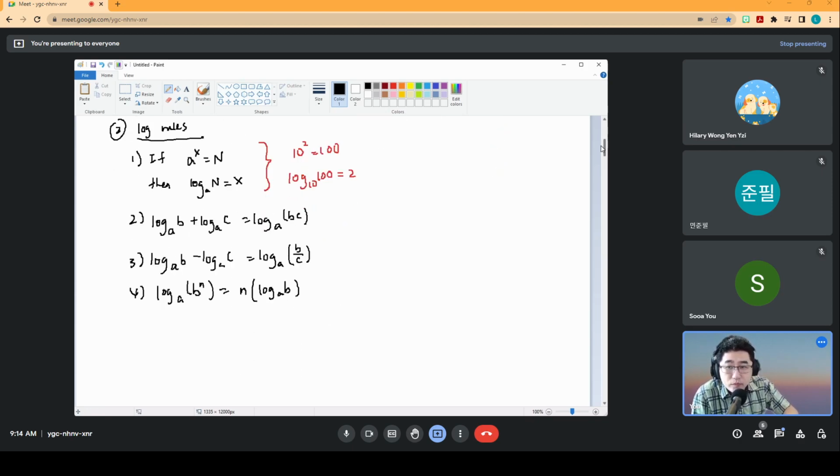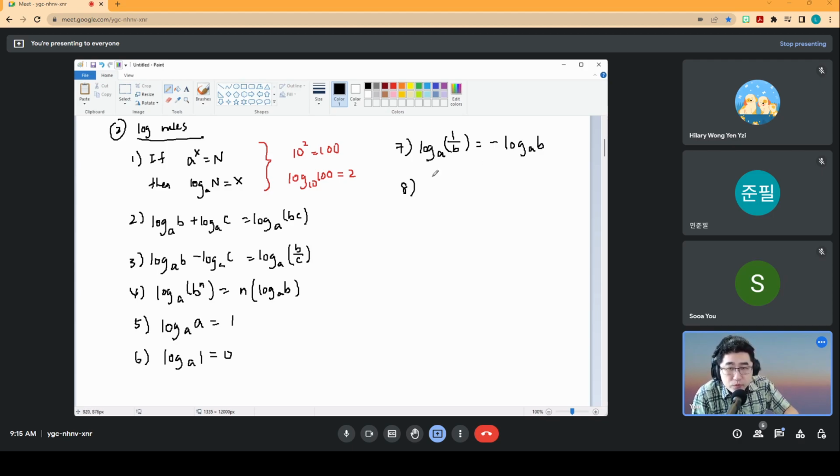Then number 5, log a of a equals 1. Number 6, log a of 1 equals 0. Number 7, log a of 1 over b equals negative log a b.